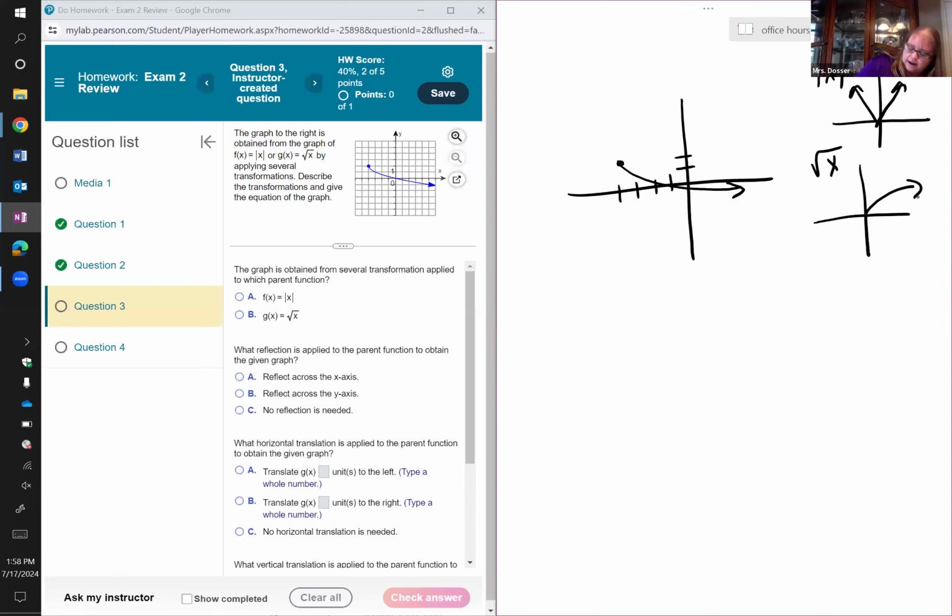So we've seen that the parent function is g of x equals the square root of x, and we have reflected it and shifted it. The first thing it asks about is the reflection. Notice it's reflected down across the x-axis. Our original graph looks something like this, and we've reflected it down across the x-axis like this.